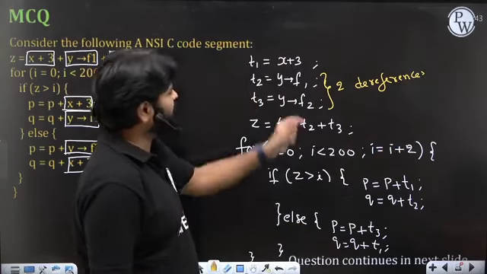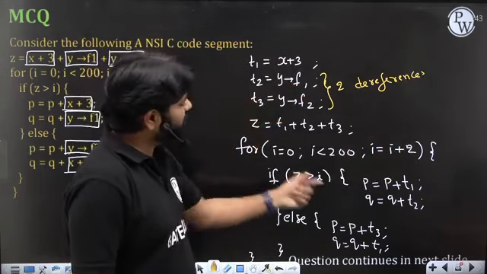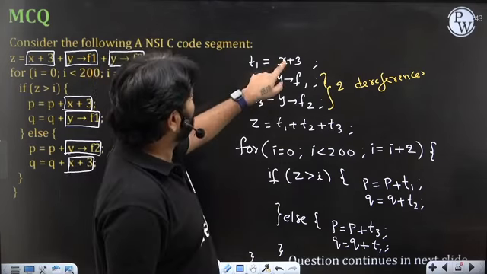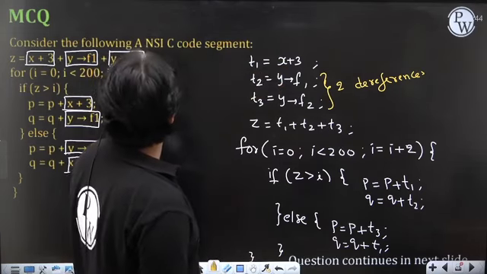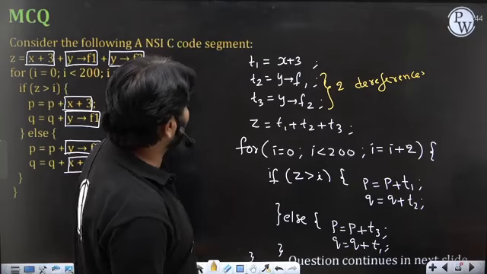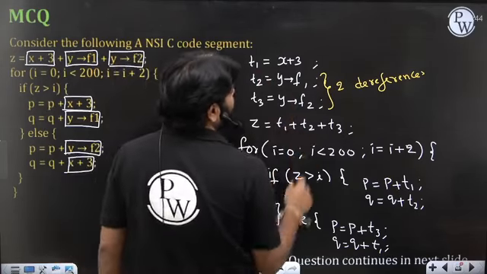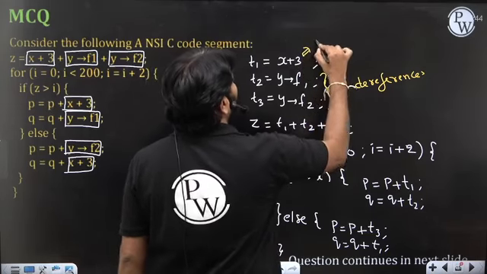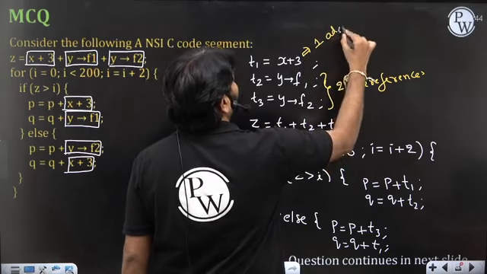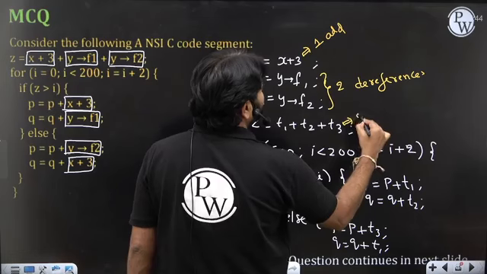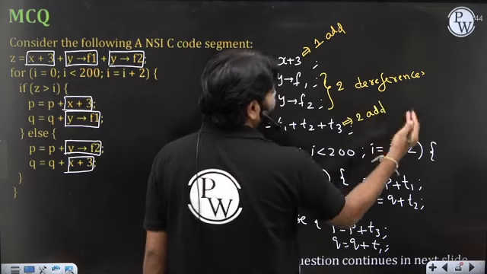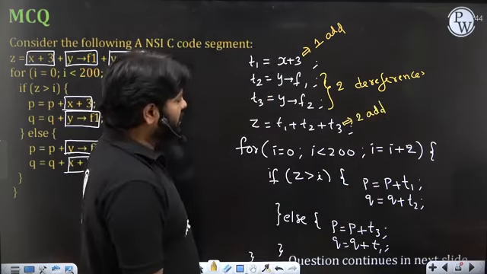Nowhere else have we used dereferences, because we reused t2 and t3 wherever needed. And here 1 addition, x plus 3 is 1, and then 2, 3, total 3 additions here. So 1 addition here, and 2 additions here.